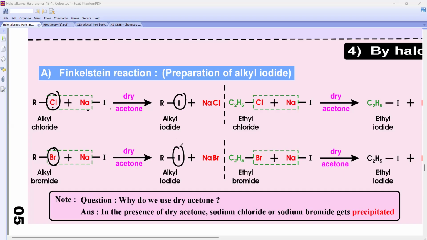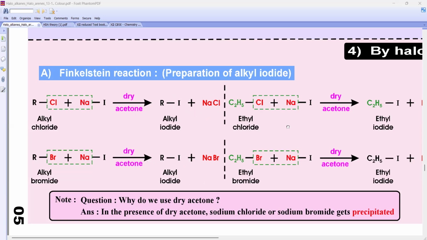Therefore it is known as the Finkelstein reaction. Which iodide is produced in Finkelstein? I comes in Finkel, so you will remember. So, alkyl iodide. Here we use dry acetone. The NaCl which is formed will get precipitated in dry acetone. Is this clear?